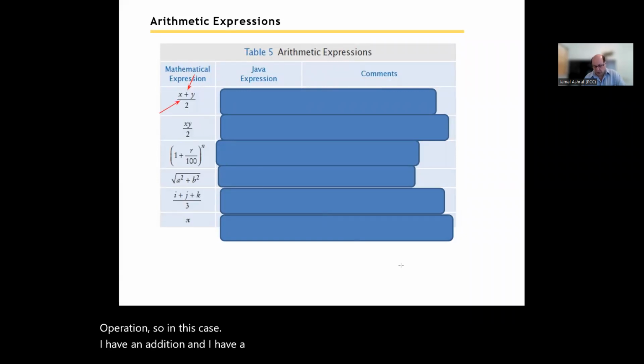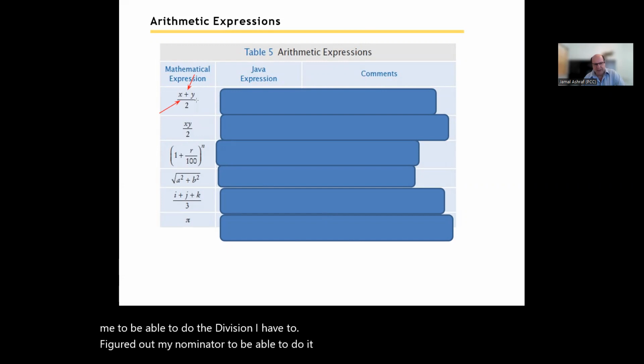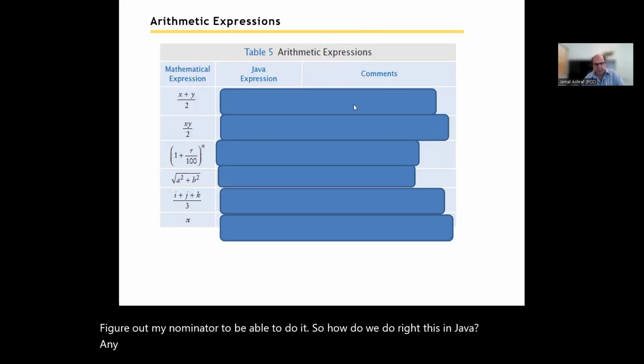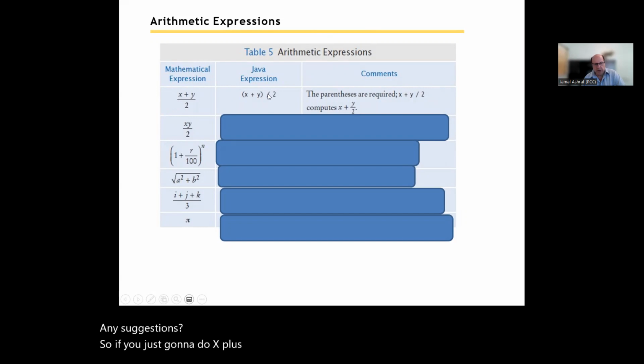So I know the division comes before addition, but for me to be able to do the division, I have to figure out my numerator first. So how do we write this in Java? Any suggestions? So we're just going to do x plus y, divided by 2.